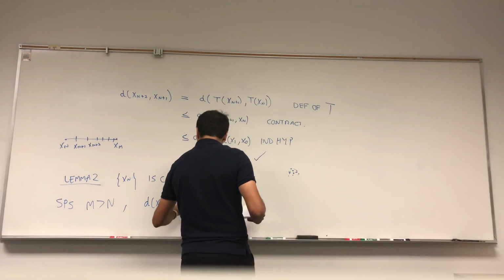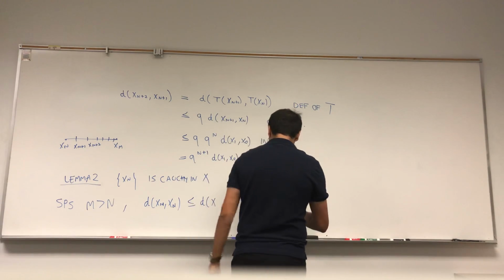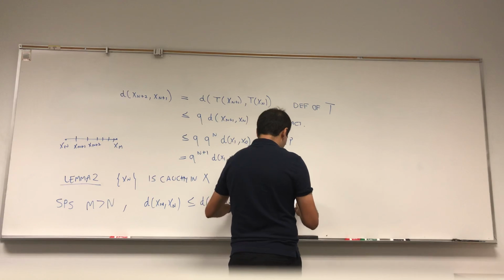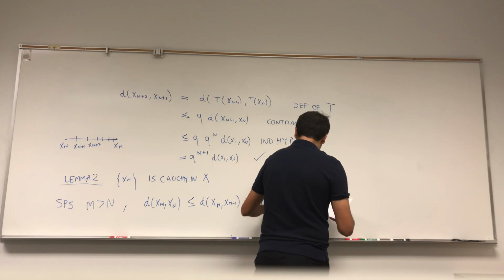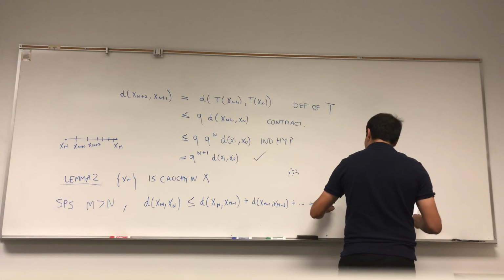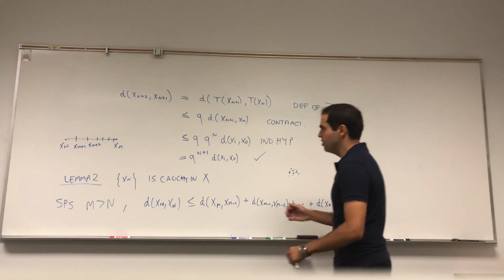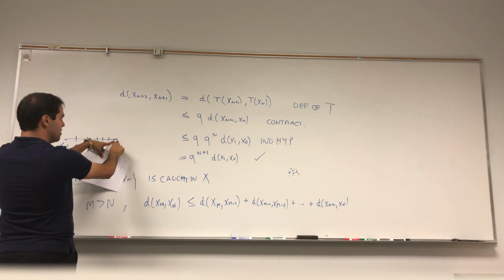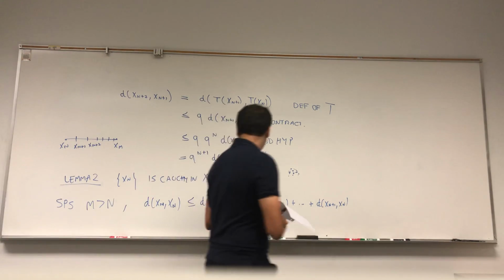So by the triangle inequality, we know that the distance here is at most d(x_m, x_{m-1}) plus d(x_{m-1}, x_{m-2}) all the way up to d(x_{n+1}, x_n). So we sort of did it in reverse. We split up the distance into this little distance, this one, this one, up to x_{n+1}.